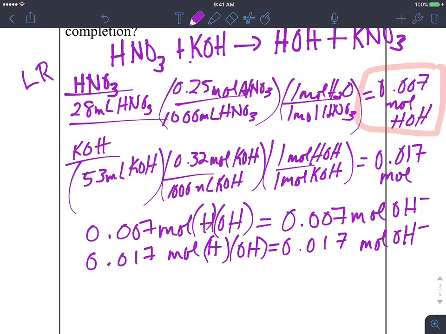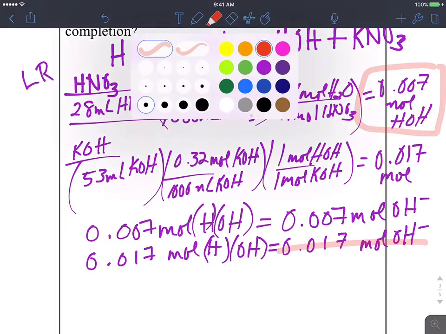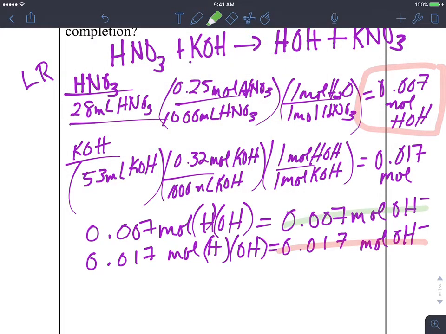So if we subtract what we did get from what might have been, that should tell us how much OH minus is left over. I know it's written in the wrong order, so you're really subtracting the top one from the bottom one. That means we have 0.01 moles of OH minus left over, because we only got 0.007 moles of that 0.017 potential.